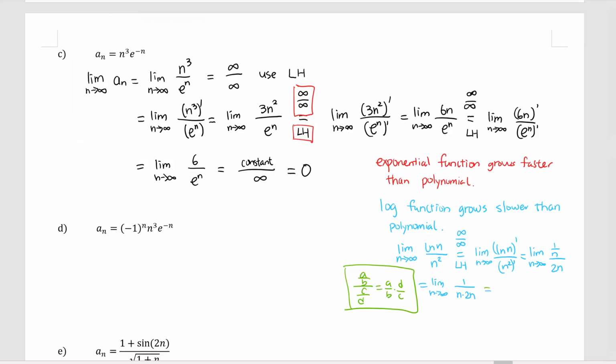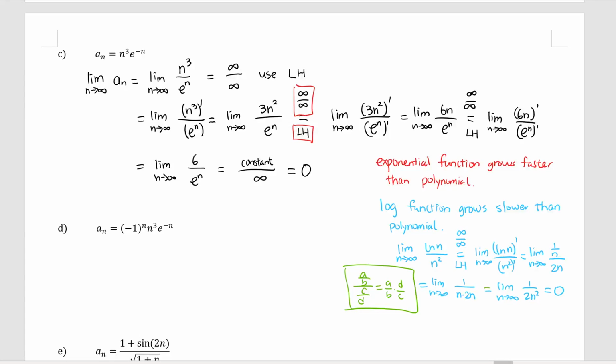So this is the limit as n goes to infinity of 1 over 2n squared. We have a constant over something going to infinity, which is 0. A limit of 0 for numerator over denominator means which one grows faster? The denominator, because the denominator is bigger and the ratio is smaller. So n squared grows faster than the logarithmic function.